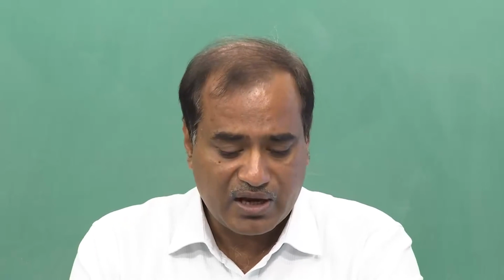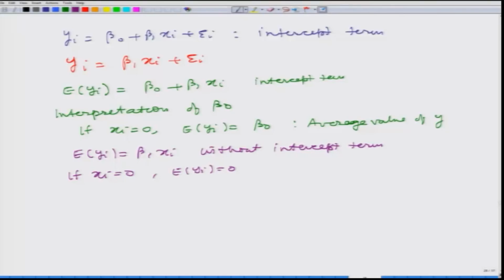So, in that case, I would like to have a model with an intercept term. On the other hand, say y is the luminance of a bulb and xi is the current. We all know that when we switch on the switch, some current goes into the bulb and the bulb glows.